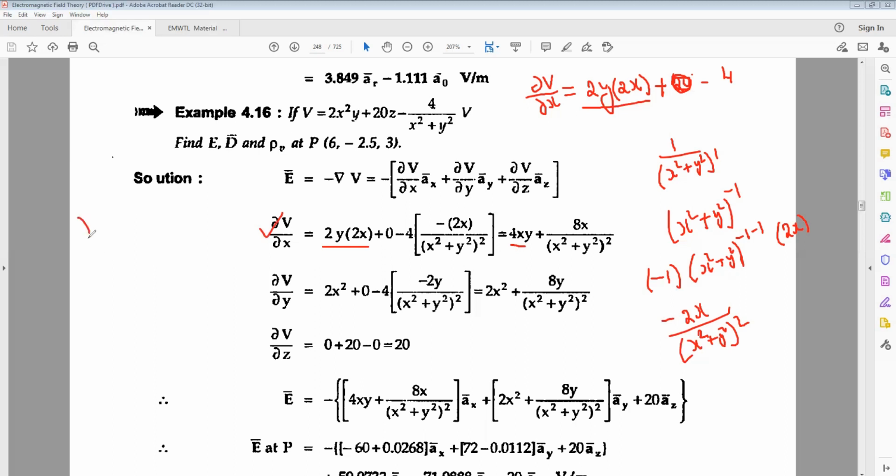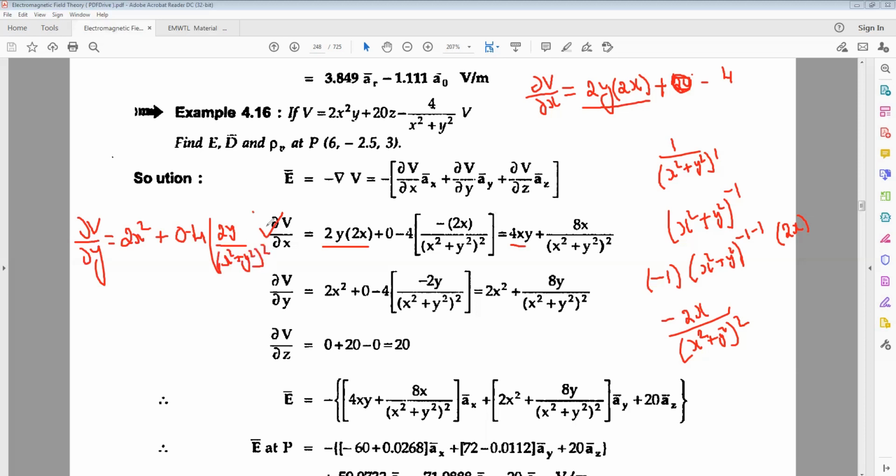And the second is dou V by dou y. In the first term, 2x square is common, the derivative of y is 1, and 20z is also 0. And here the minus 4. Similarly, we get 2y by x square plus y square whole square.